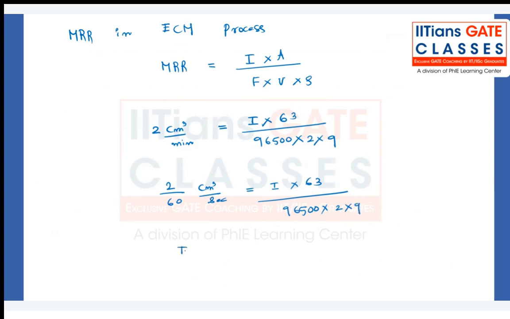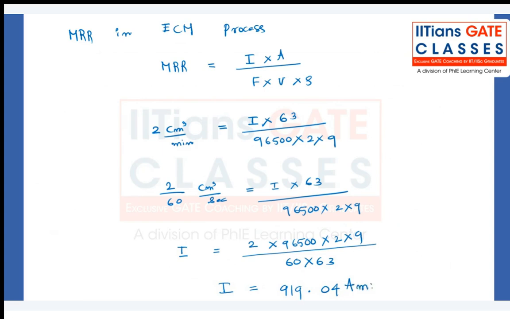Now we need to find I. I is equal to 2 into 96,500 into 2 into 9, divided by 60 into 63. If you solve this, you will get 919.04 amperes, guys.